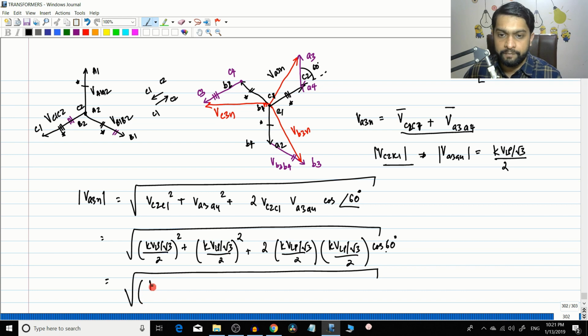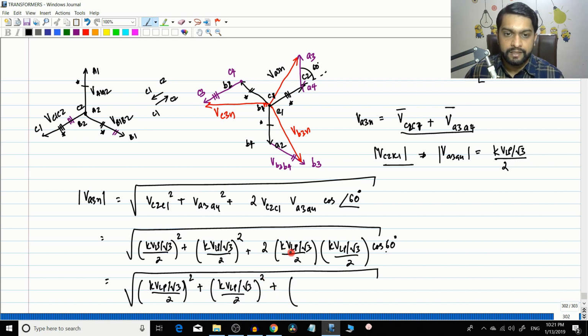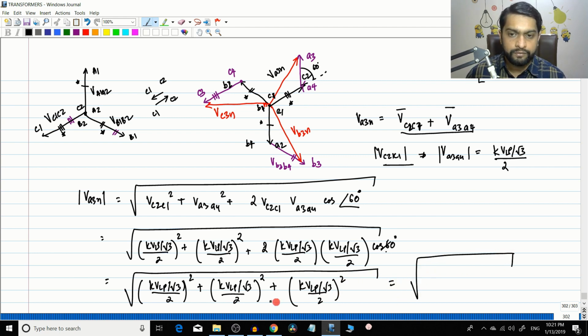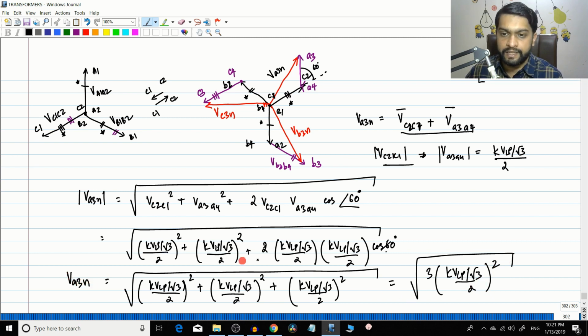So ultimately you will get K into VLP divided by root 3 by 2 the whole squared, plus K into VLP divided by root 3 by 2 the whole squared, plus, because this 2 and this cos 60 go, K into VLP divided by root 3 by 2 the whole squared, right? So this value here will be equal to root of 3 times K into VLP divided by root 3 by 2 the whole squared. So the magnitude of VA3N is this value.